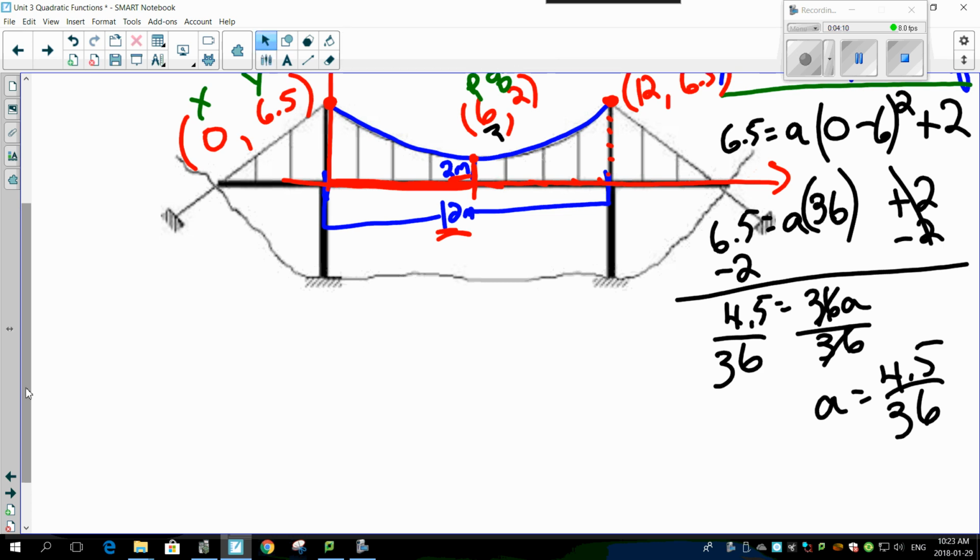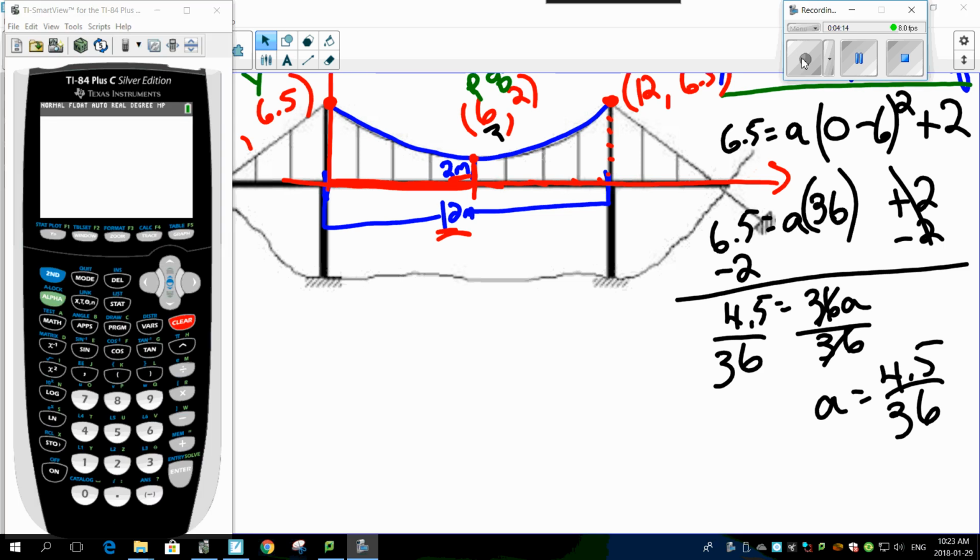Boot up your calculator. Now, hold on. I'm just going to bring up my calculator. Here's my calculator, and I'm just going to put this in as 4.5 divided by 36. And watch what happens. The decimal is just ugly. I mean, you go from a single point decimal to now like 3 decimal places.